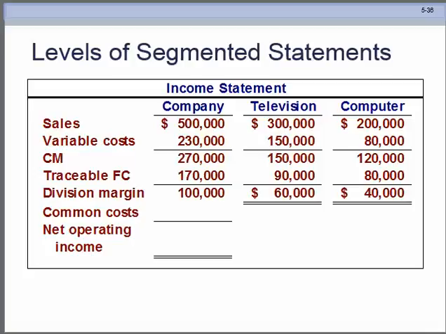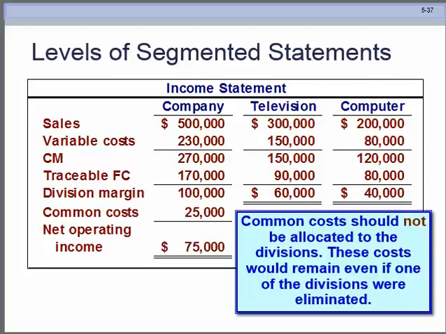If you look at it, the television sales are significantly more than the computer sales, but the division margin really isn't that much different. So common costs, again, should not be allocated to the divisions. These costs would remain. So let's say if we wanted to get rid of the computer division, the television division would have to absorb all of these common costs.